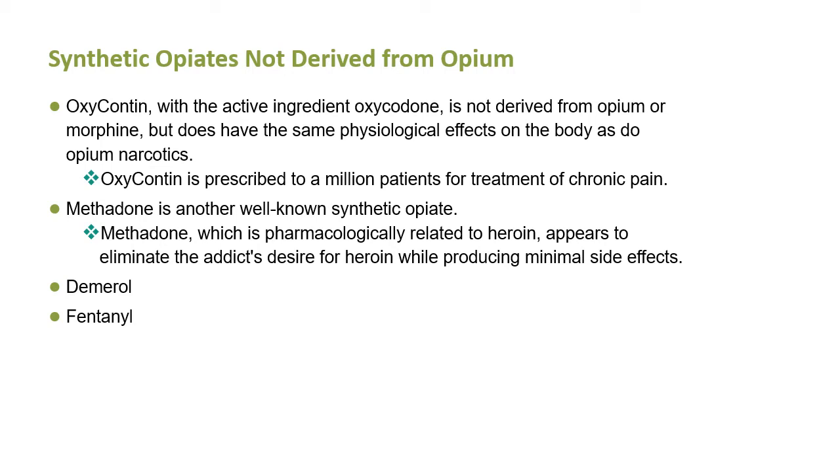Methadone is another one. It's been related to heroin, and it is one that helps with the withdrawal symptoms from heroin, but it still is an opiate derivative as well. So it's controversial in using it as a step-down drug to withdraw from heroin.